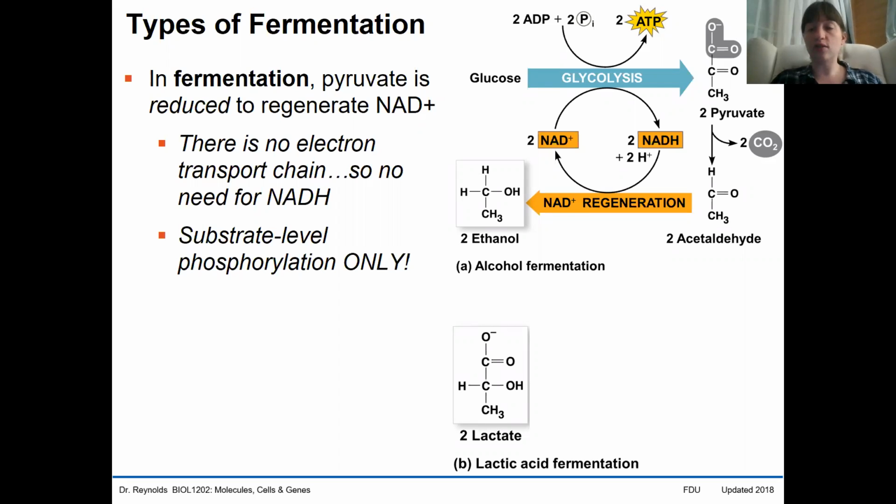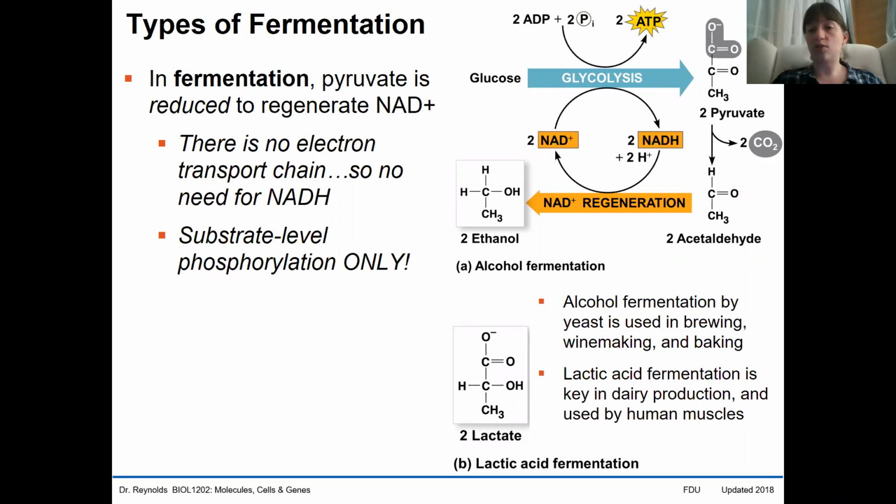Fermentation reactions will serve as another option for NADH to be able to donate its electrons. And depending on the type of fermentation, it'll depend on the type of reaction. Alcohol fermentation, which is used by yeast in bread making, brewing, or wine making, is going to use acetaldehyde as the molecule that accepts these electrons and yields a product of ethanol.